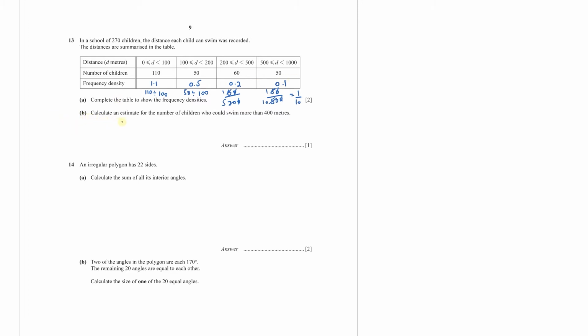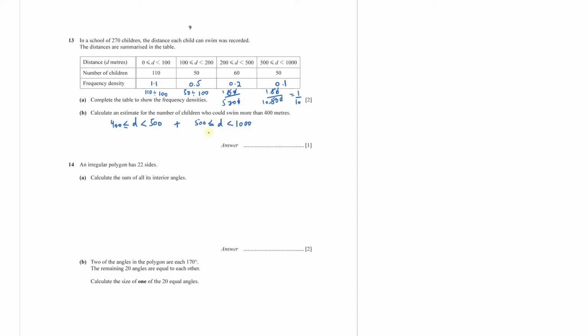Part B is calculate an estimate for the number of children who could swim more than 400 meters. So 400 will lie in this interval, which is between 200 and 500. So you will find how many are in this interval, which is 400 ≤ d < 500, plus the one you have here, 500 ≤ d < 1000.